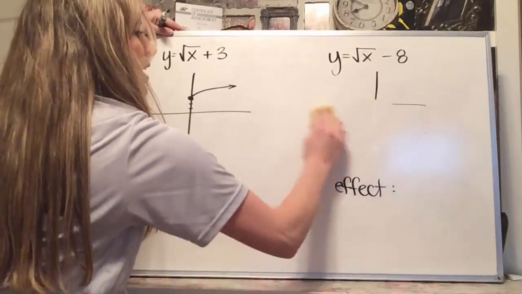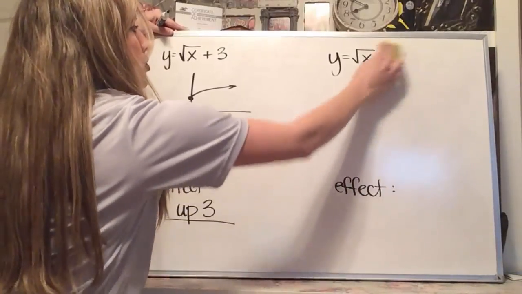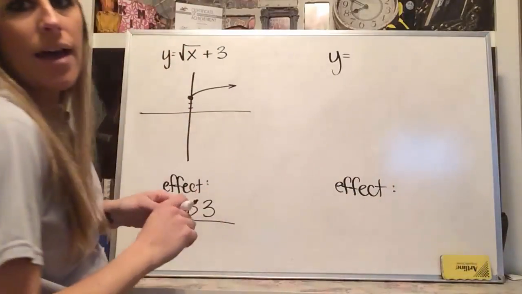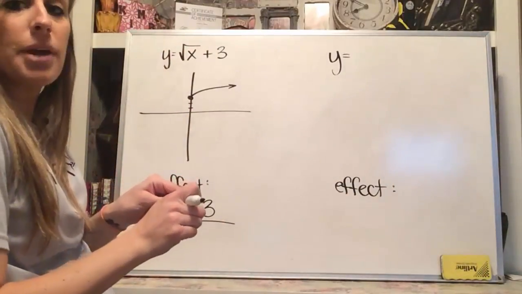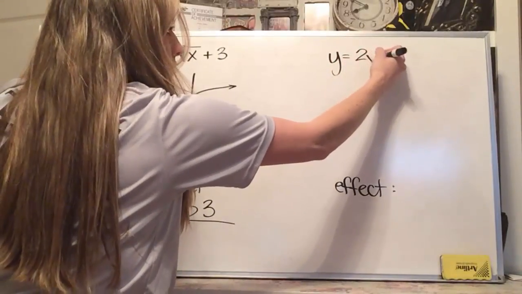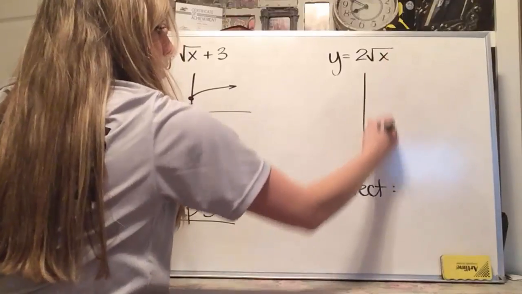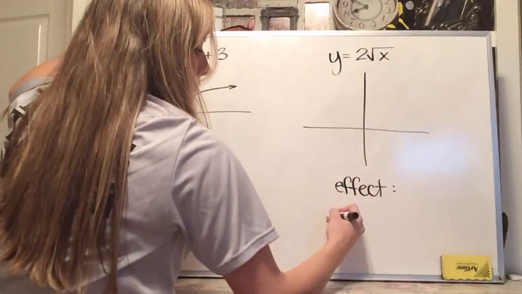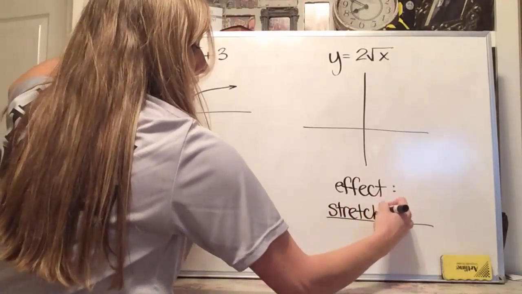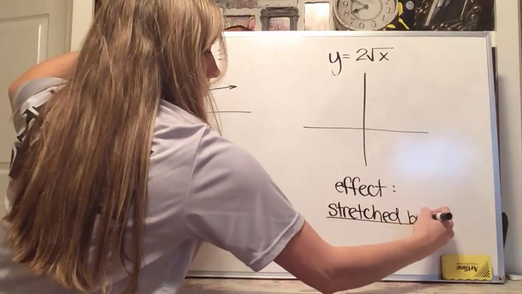Okay, very last one, just like quadratics, anytime you have a number in front of your parent function, like this one, we have 2 in front of the square root of x, it's going to stretch it. So this one is stretched by a factor of 2.